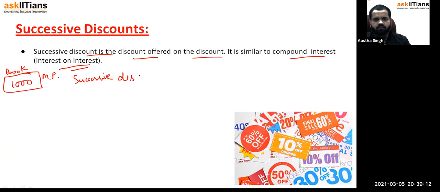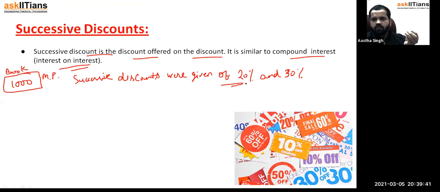Successive discounts were given, let's suppose, of 20% and 30%, right?